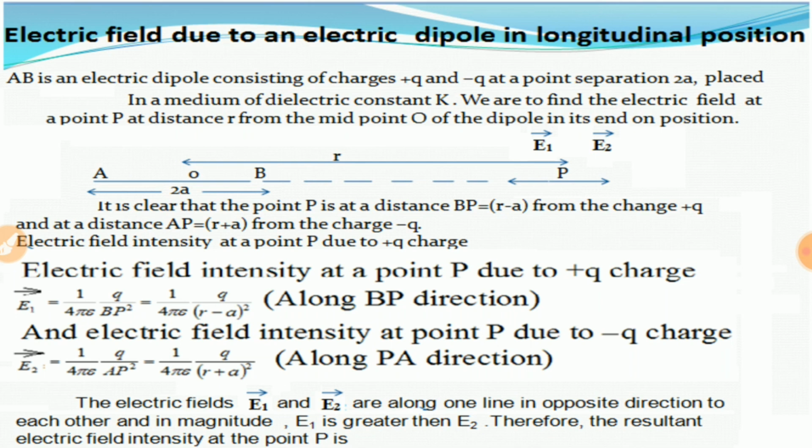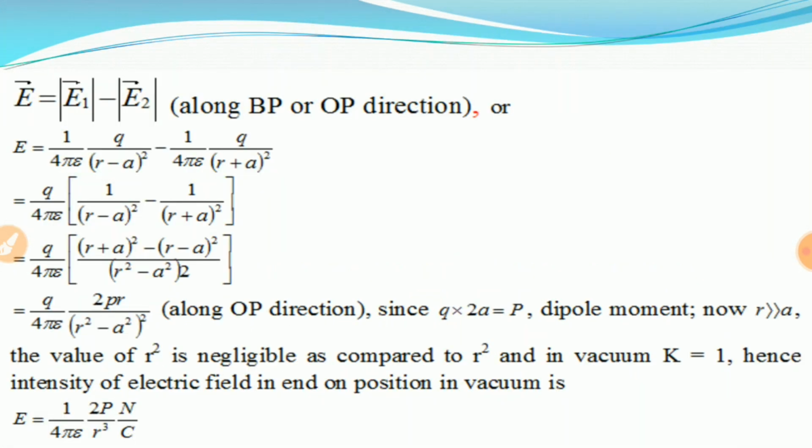The resultant electric field will be E equals modulus of E1 minus modulus of E2, along the BP or OP direction.